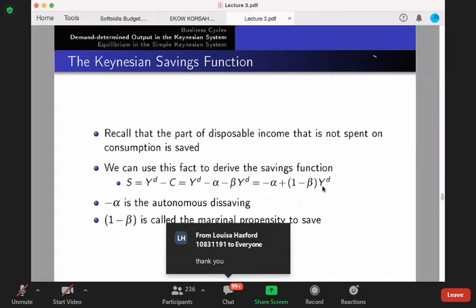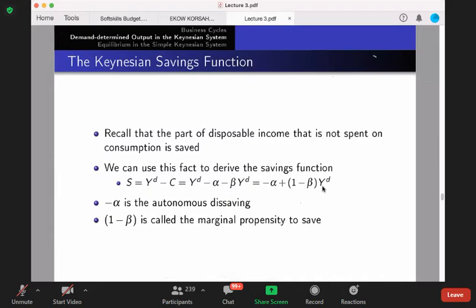Okay, good. All right. So here, minus alpha, the intercept, is autonomous dis-saving. And then 1 minus beta becomes the what? Marginal propensity to do what? To save. 1 minus beta now becomes the marginal propensity to save.